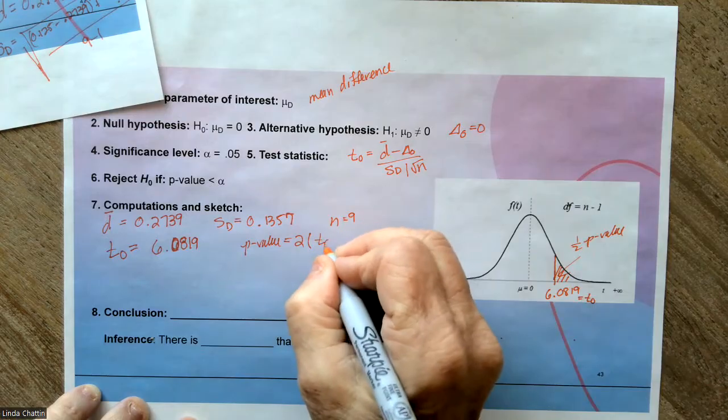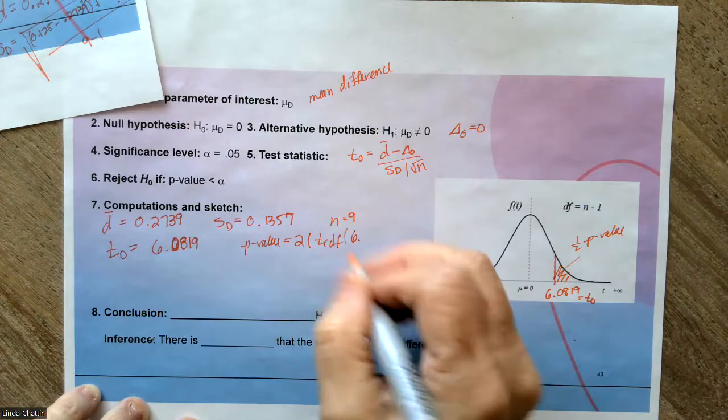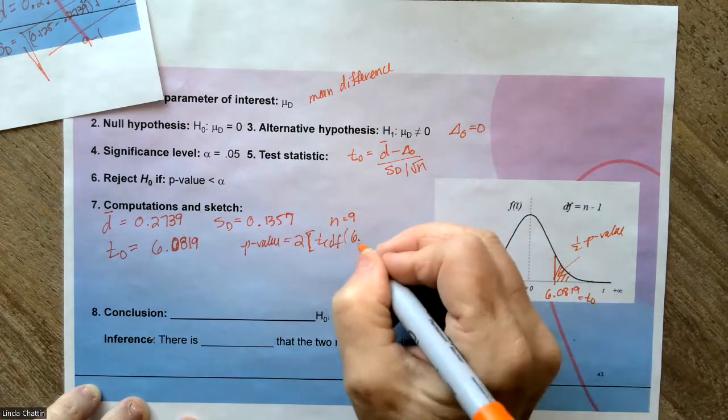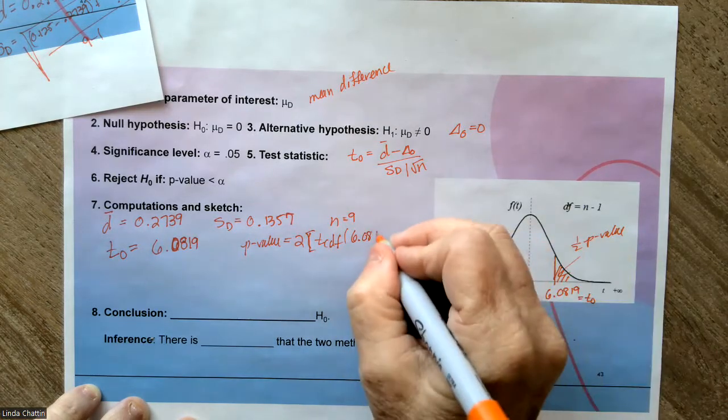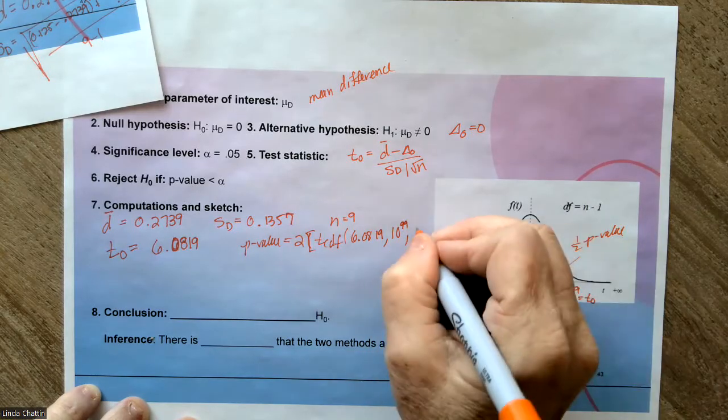So that would be the tcdf in your calculator going from 6.0819 up to infinity for 8 degrees of freedom.